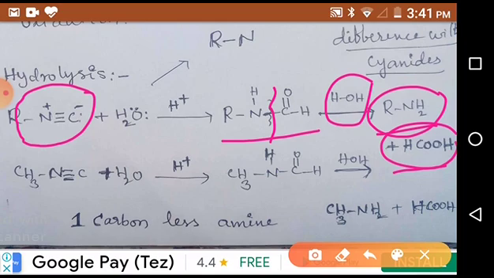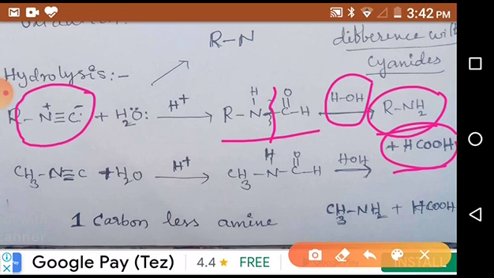By detecting formic acid, we can differentiate cyanides and isocyanides using this test. Cyanides on hydrolysis also give acids, but ammonia gas or an ammonium salt is formed as a byproduct.